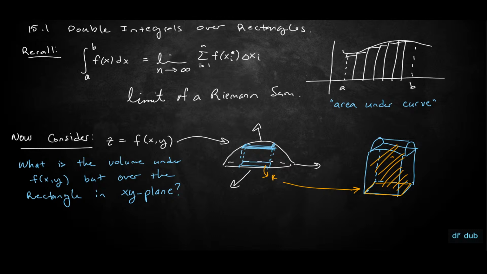So what we're going to do is kind of do the same thing. We're going to break up our solid, our volume, into a bunch of little rectangular prisms, and then find the volume of each little rectangular prism and add those together. So we will approximate the volume using many small rectangular prisms.